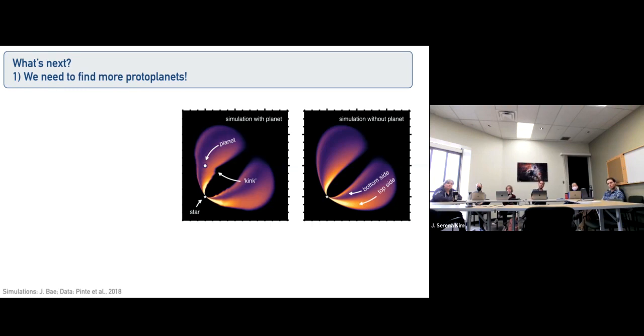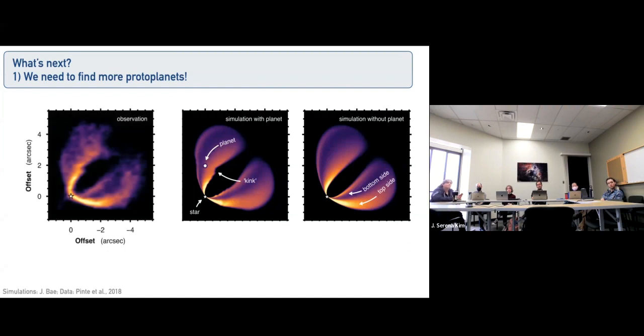And this is shown on the left, and we call this a kink. Now, if we move to the data of HD 163296, we see that the kink is there as predicted by our simulations.